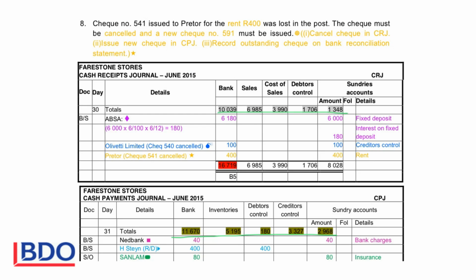I will show in the cash receipts journal that we received money from Absa, 6,000 that will be transferred to my fixed deposit account. Then on this 6,000, 6% interest for 6 months. So we also received 180 Rand for interest on fixed deposit.